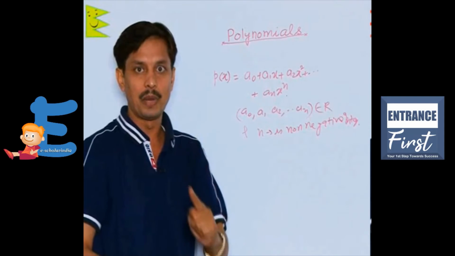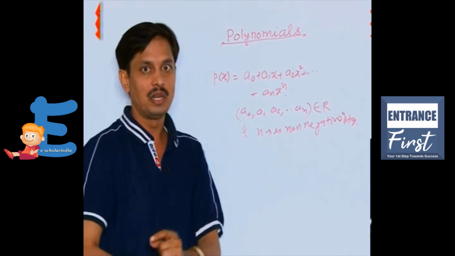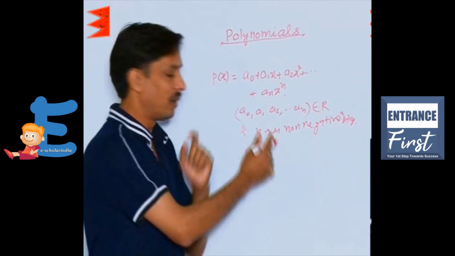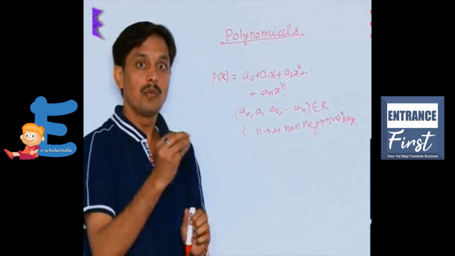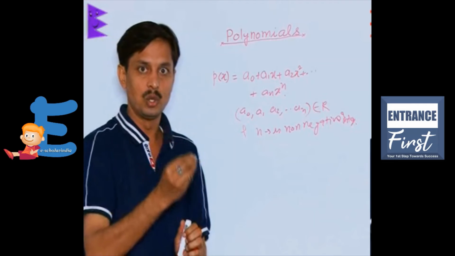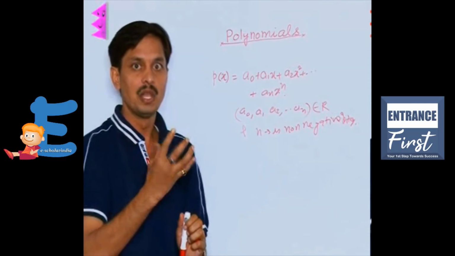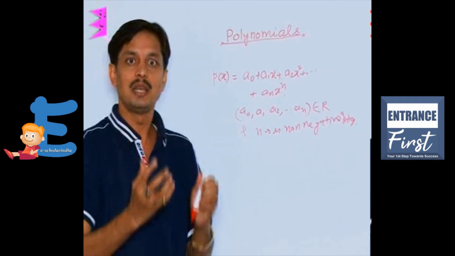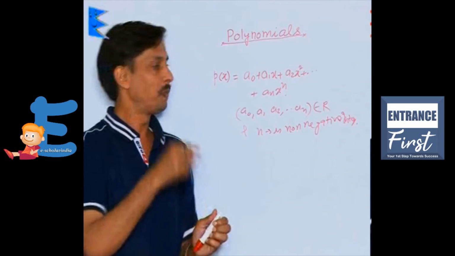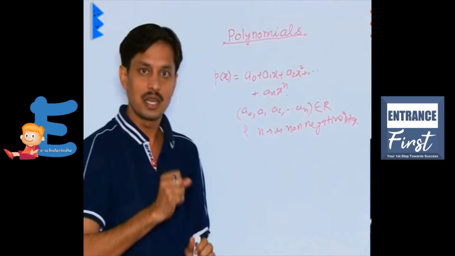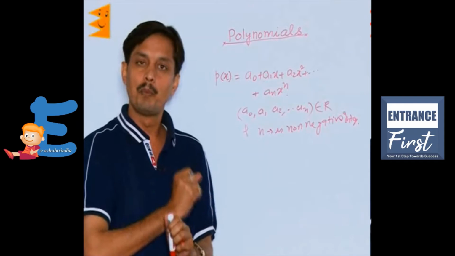That is, no negative power, no fractional power, and the power has to be an integer, that is 0, 1, 2, 3, 4. Then this kind of algebraic expression falls in the category of polynomials.